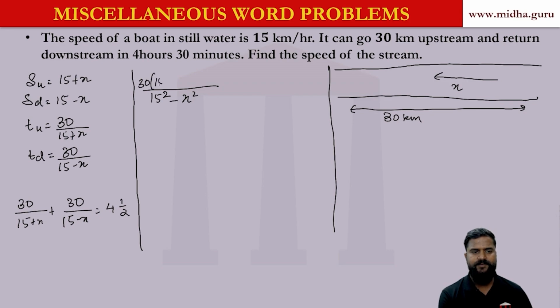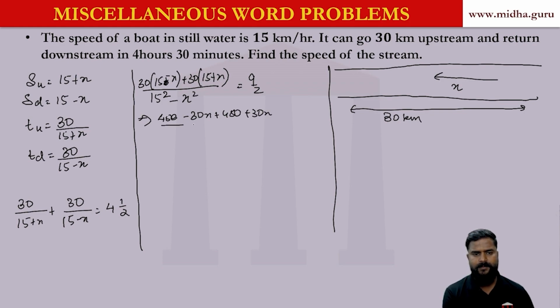So 30 into 15 minus x, and plus 30 into 15 plus x, which is equal to 9 by 2. So I'll get 450 minus 30x plus 450 plus 30x, divided by 225 minus x square is equal to 9 by 2.